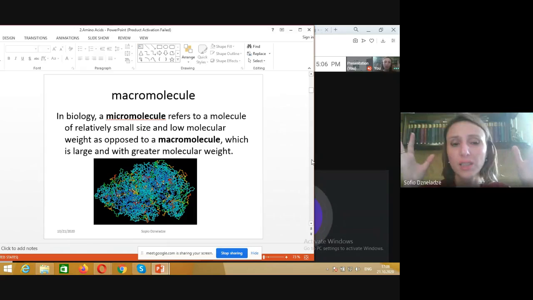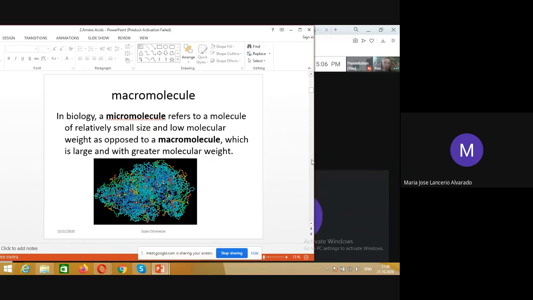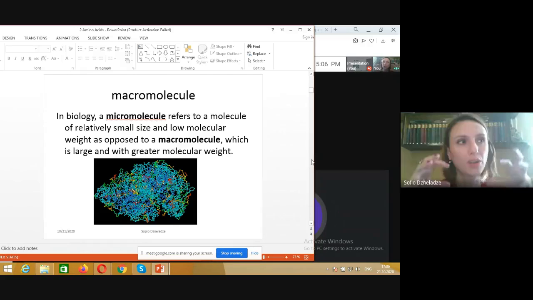We have good examples. Amino acid is a micromolecule and protein is a macromolecule. For example, cellulose is a macromolecule, whereas glucose is a micromolecule.